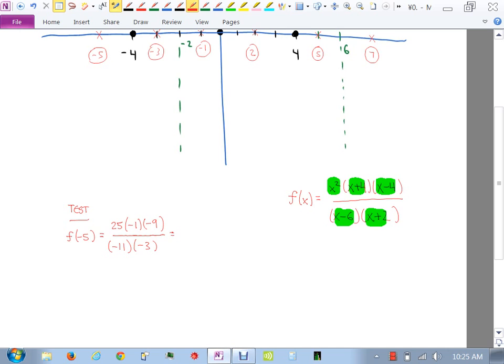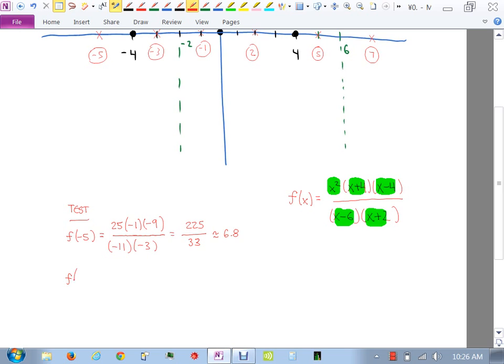On the top, it's basically 9 quarters. 9 quarters in your pocket is how much money? 225. So 225 over 33, which is approximately 6.8.